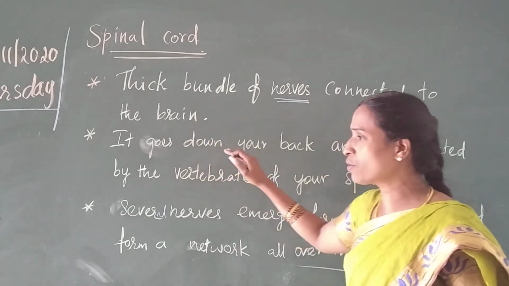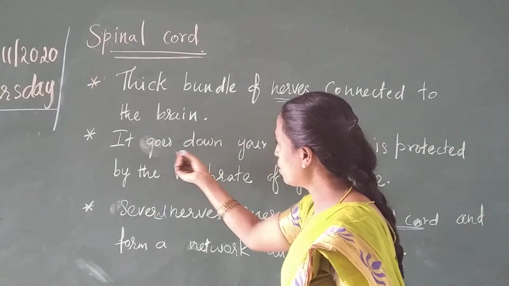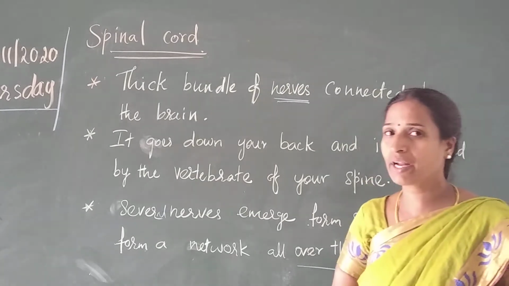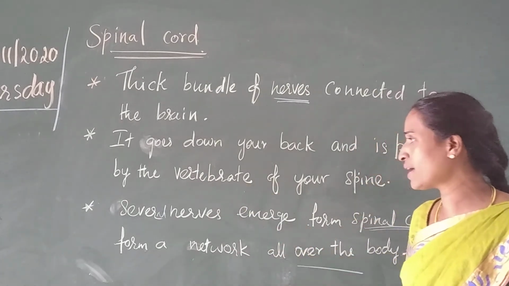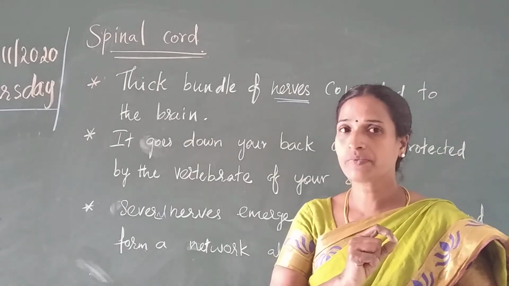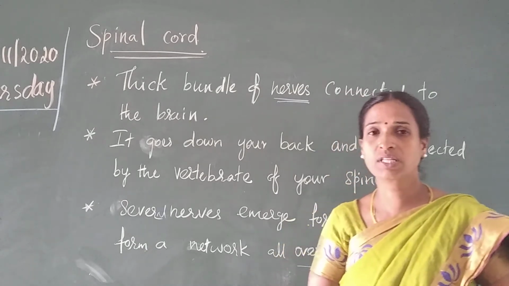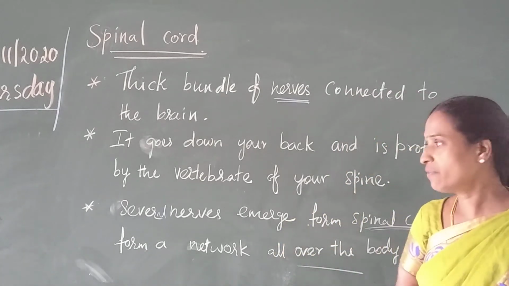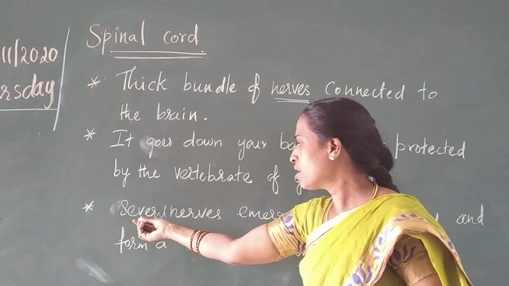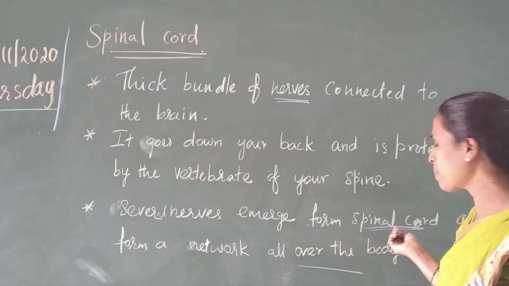From here it goes down your back and is protected by the vertebrae of your spine. About the vertebral column we already saw in our previous session. So the spinal cord is protected by our vertebral column.